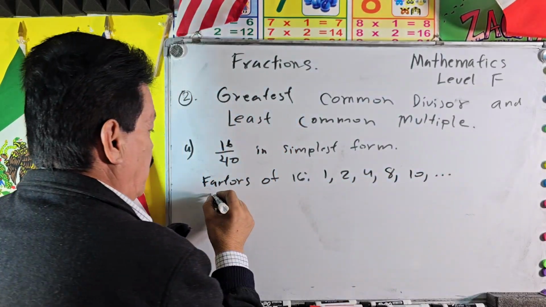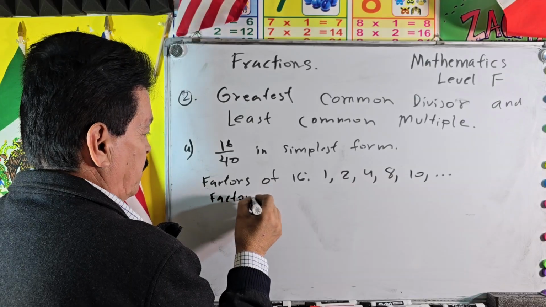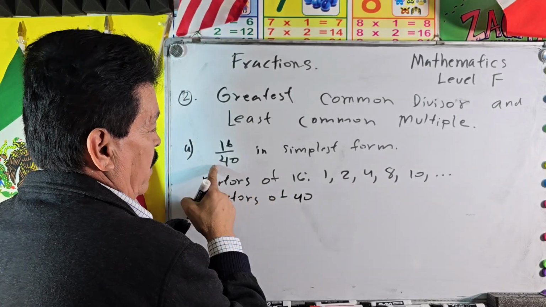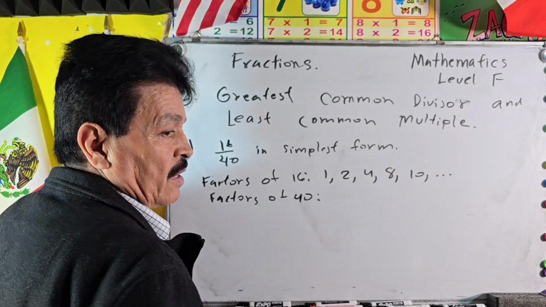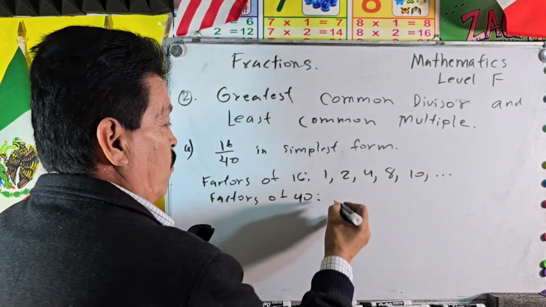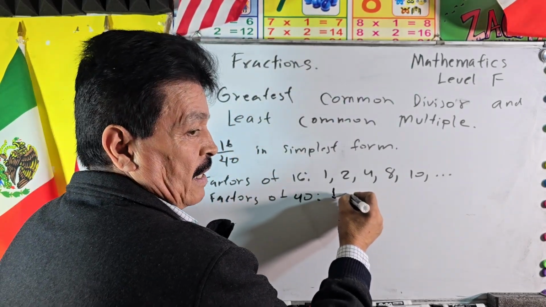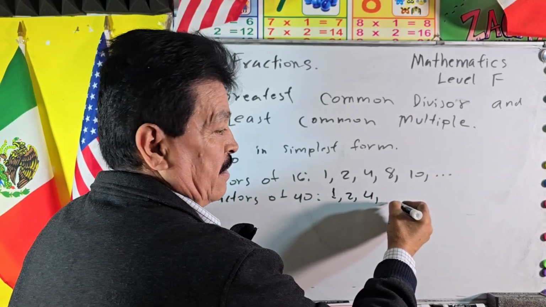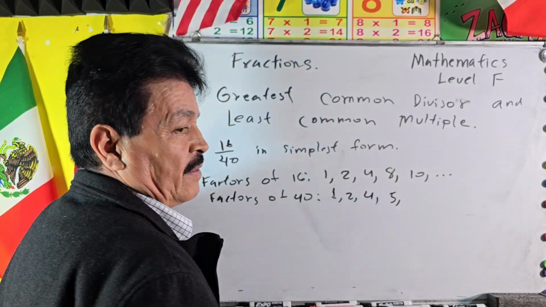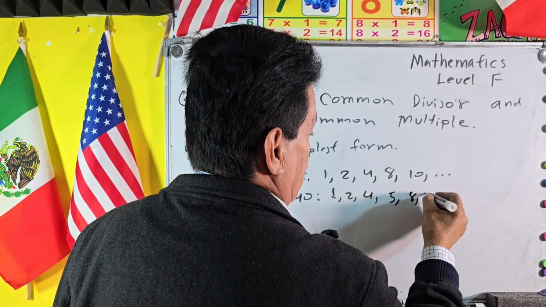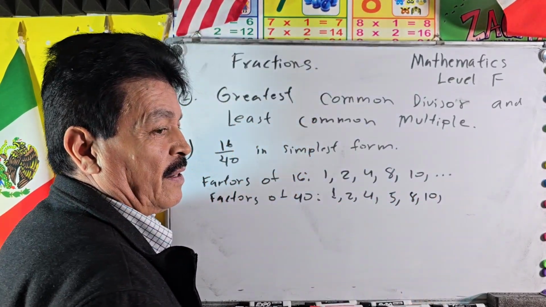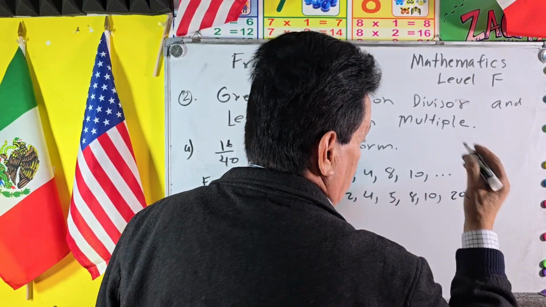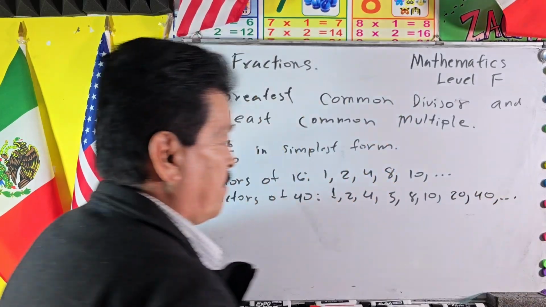And the factors of 40 are of course 1, 2, 4, 5, 8, 10, 20 and 40, and so on.